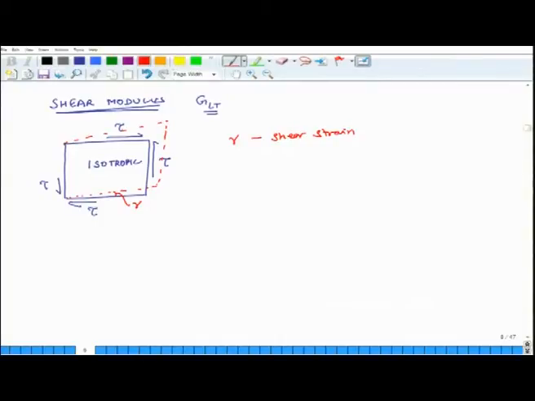And then what is our definition for G? G equals tau over gamma, and the units are still Newton per meter square or pascals. Okay. So, with this kind of an understanding, we will now develop a relation for shear modulus for such composites.